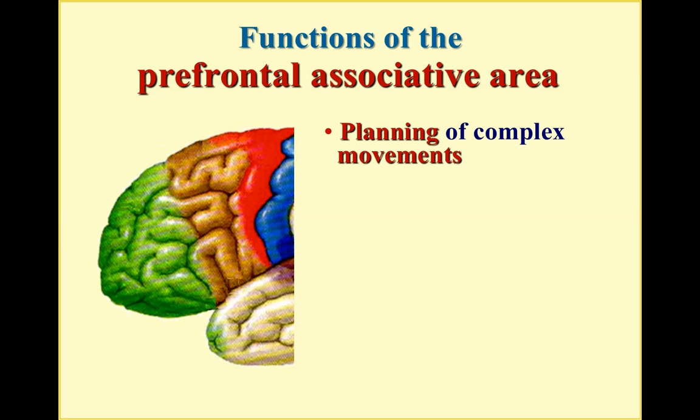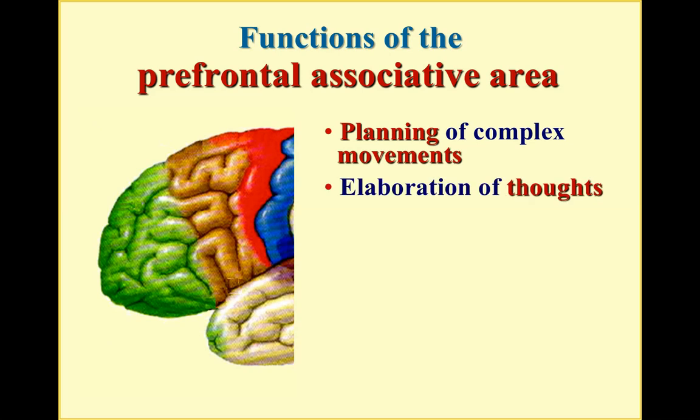But in case of complex movements, especially when these complex movements are new, not well studied, it requires participation of voluntary thinking about it, of planning by the prefrontal associative area of the cortex. So for complex movements it's important.